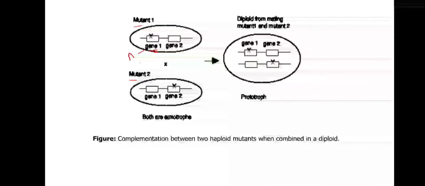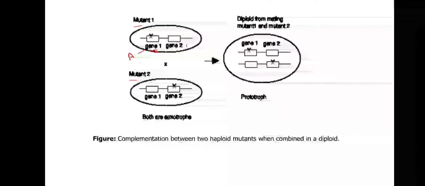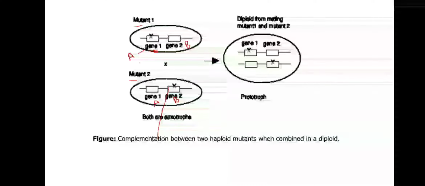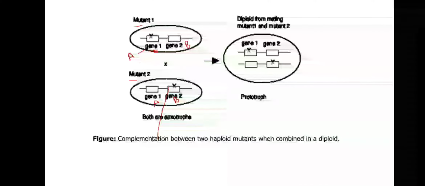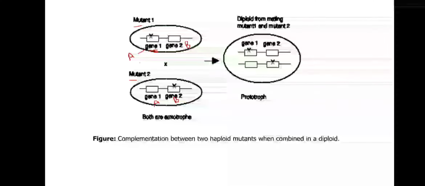So let's suppose gene 1 is A, gene 2 is B. I'm talking about the haploid state. So here the gene A was not functional and B was functional. So only B was functional.